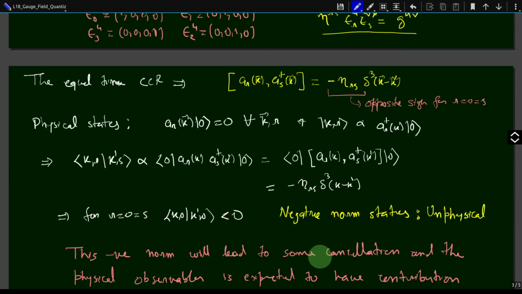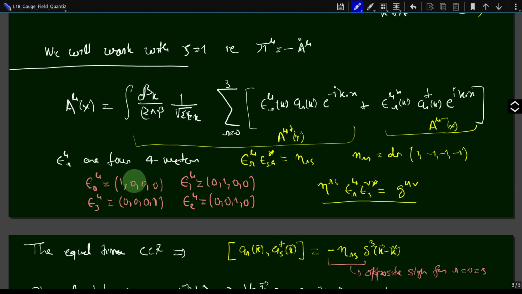Now let's go back to my definition of these epsilons. What are these corresponding vectors? You see, epsilon 0 is a vector which has no component in the xyz directions. If I perform any rotation in xyz, it is not affected by it. So ε_0 is called scalar.